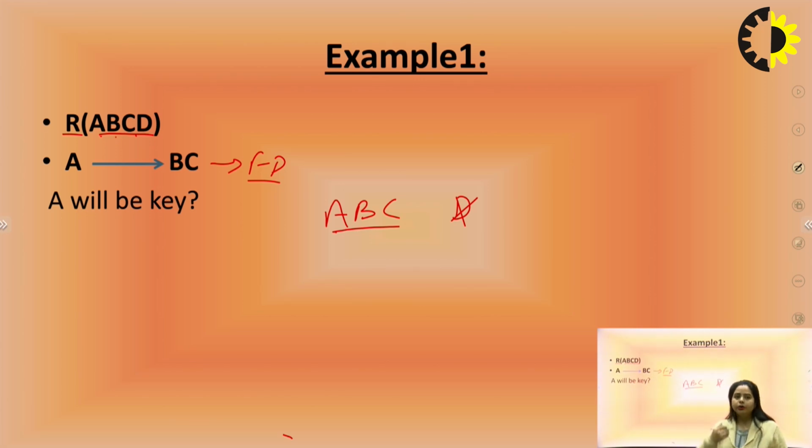So according to the definition, a key is an attribute with the help of which I can find out the rest of the attributes. So A cannot be a key because it is unable to find out the value of D.